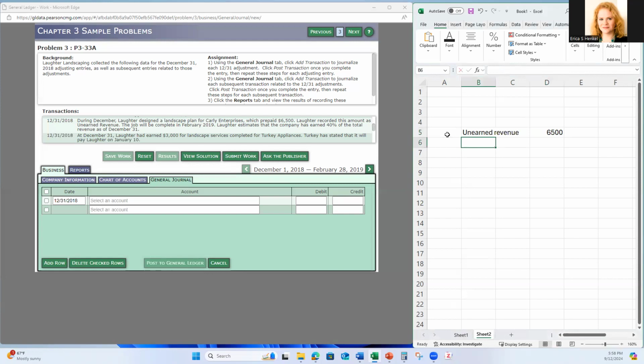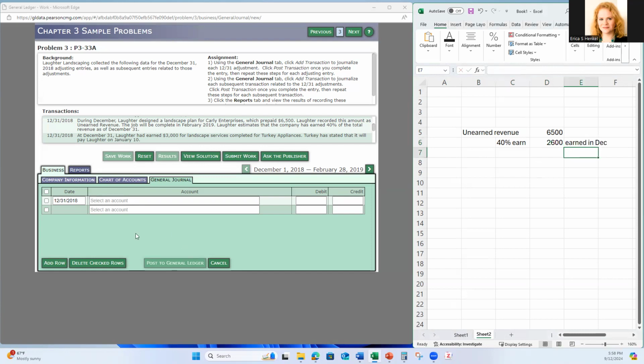Okay, now the job will be complete in February, but we estimate that we've earned 40% of that revenue as of December 31st. So 40% earned. So we're going to take 0.4 and multiply it times 6,500. And that's the amount earned in December.